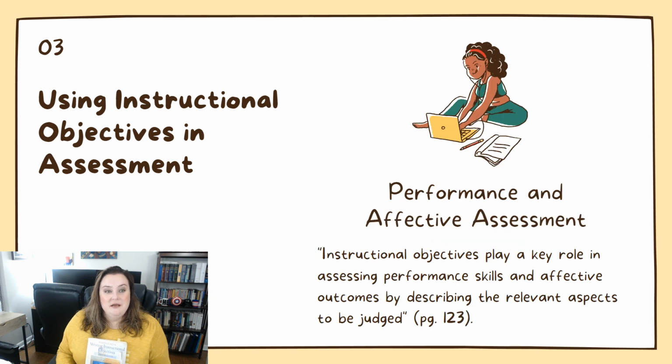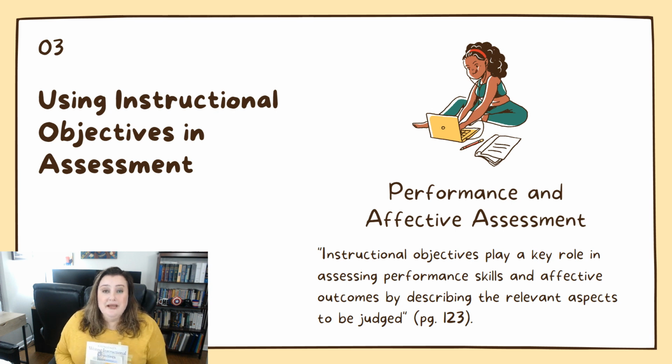The second chapter within this part is on performance and affective assessment. So they say on page 123, instructional objectives play a key role in assessing performance skills and affective outcomes by describing the relevant aspects to be judged. Again, what I was saying earlier ties in here.